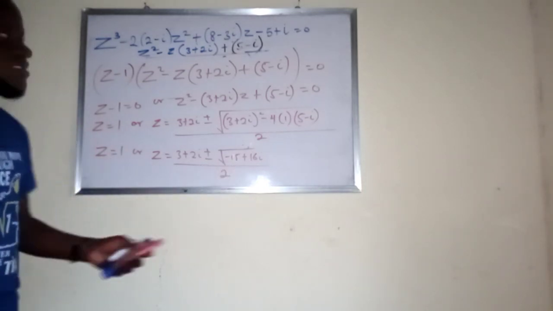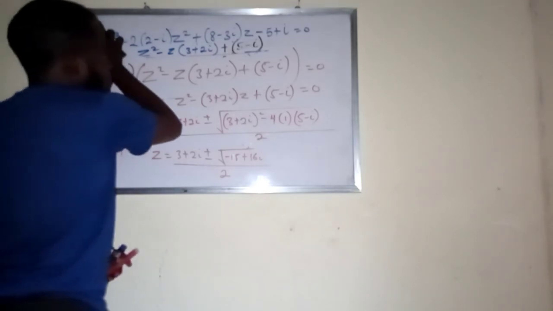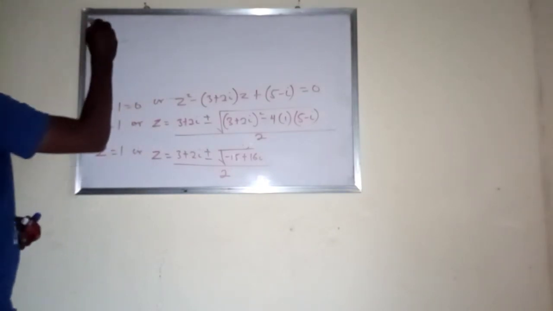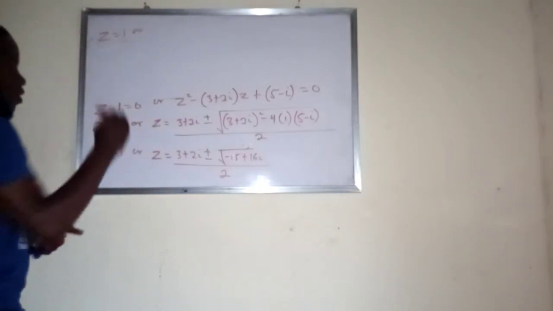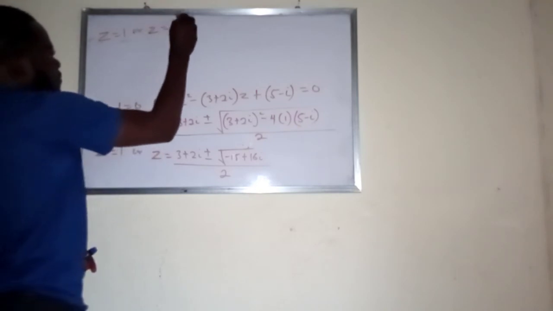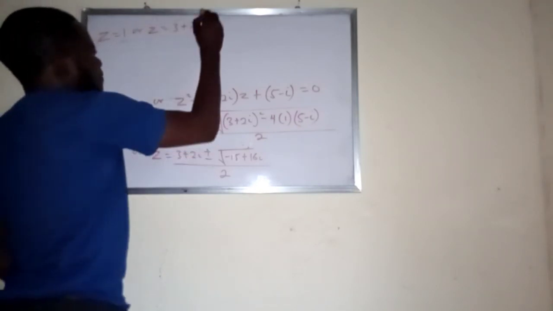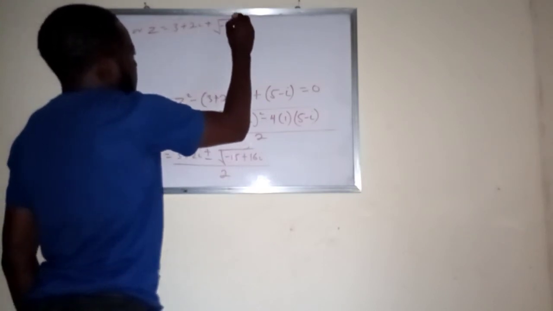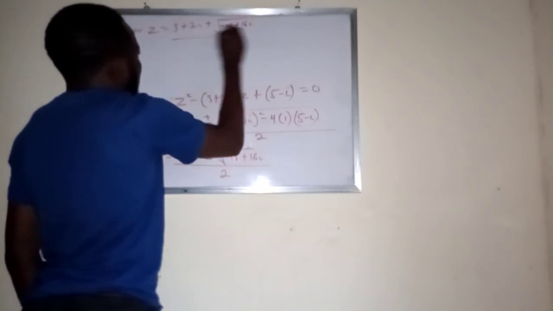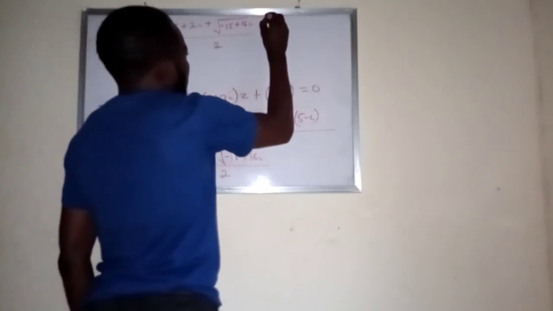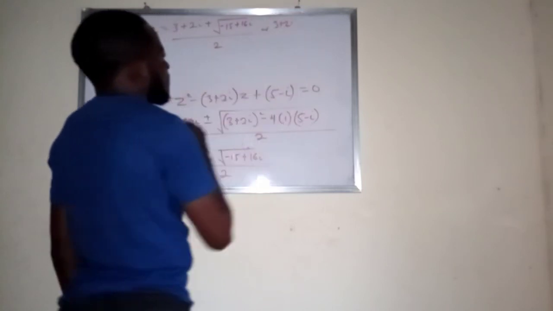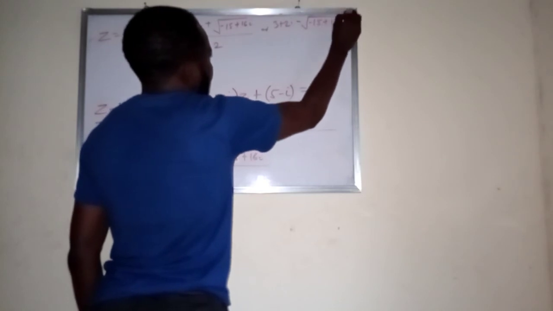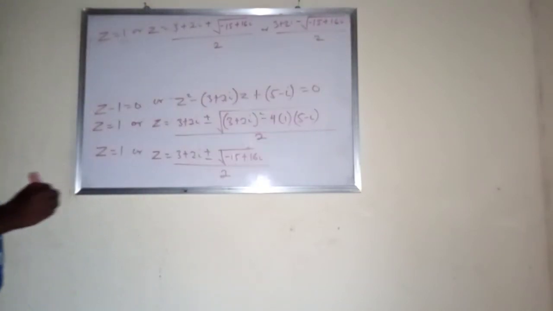But let me write it out distinctly. So calculate this now. So z is equal to 1, or z equals (3 plus 2i) plus the square root of minus 15 plus 16i all over 2, or (3 plus 2i) minus the square root of minus 15 plus 16i all over 2.